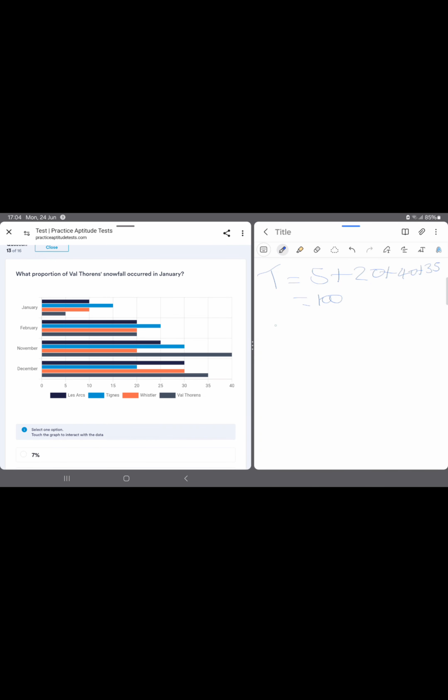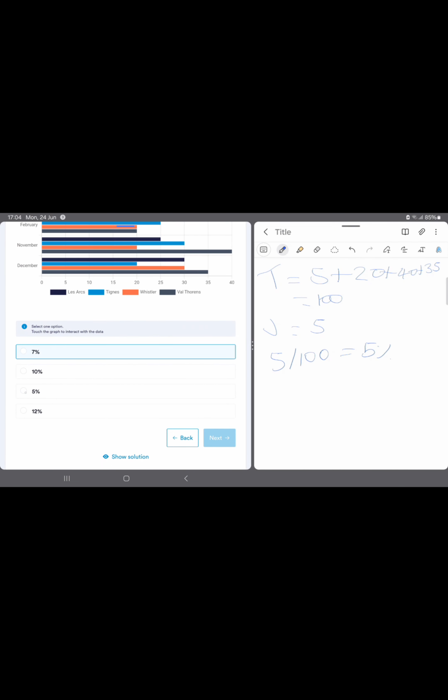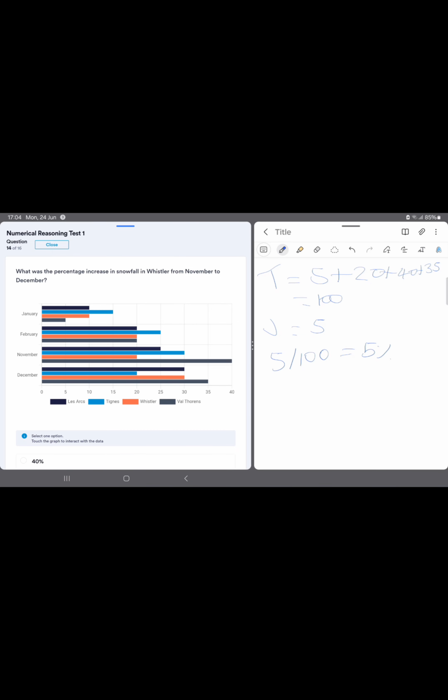Then for January we know that we have 5, so to get the proportion of snowfall we'll have 5 divided by 100, which is 5%, and that will be option number 3.